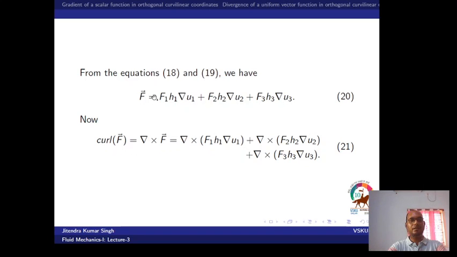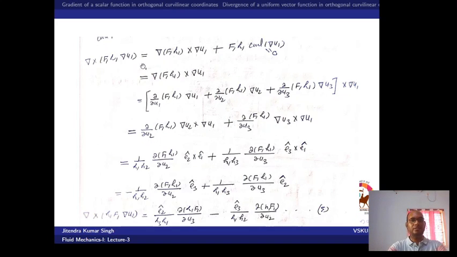Now we shall take the curl of f. So curl of f is equal to del cross f, which is equal to the curl of the first vector f1 h1 grad u1, plus the curl of f2 h2 grad u2, plus the curl of f3 h3 grad u3. I will solve the first term, and in the same way we can determine the next two terms.